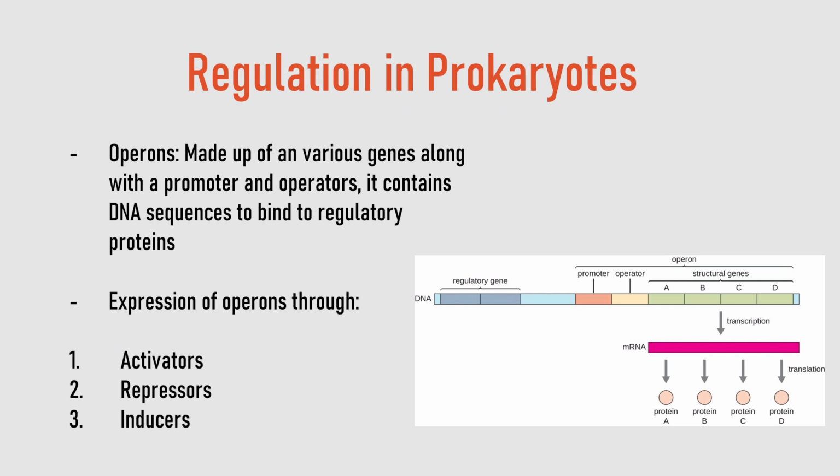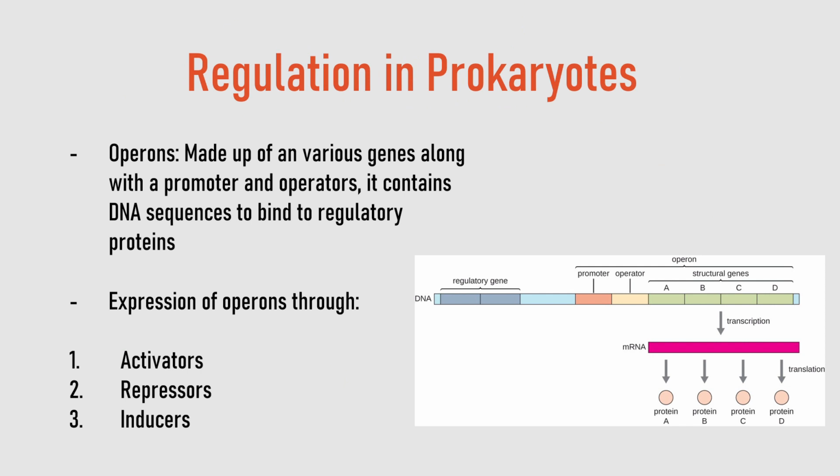Since prokaryotic organisms are single-celled organisms that lack a cell nucleus, their DNA floats freely in the cell's cytoplasm. When a particular protein is needed, the gene that codes for it is transcribed into mRNA, which is simultaneously translated into protein.